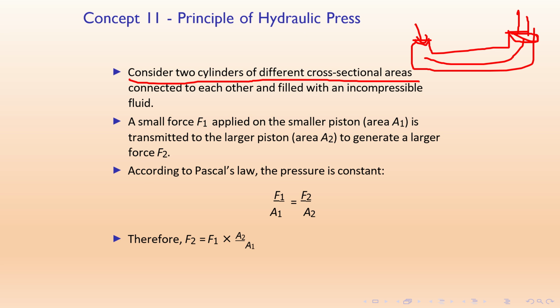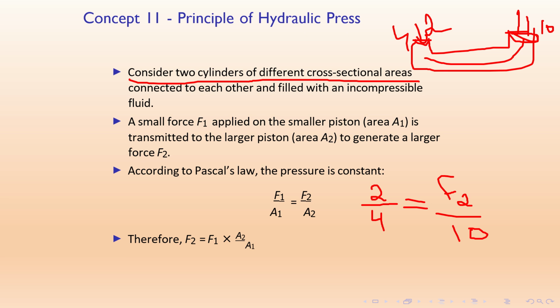With this we can say, if I take a simple example, F1 is 2 newtons, the area A1 is 4 meters square, then what will be F2, in case the area A2 is 10 meters square? Here this is 4 and this is 10, and I am applying a force of 2 newtons.